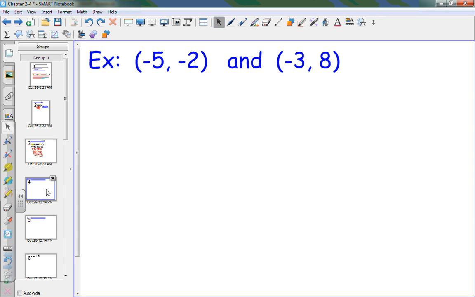Rise over run is the graphical definition. What's my algebraic? y2 minus y1 over x2 minus x1, which means, what do I label my points as? x1, y1, x2, y2. Yes?